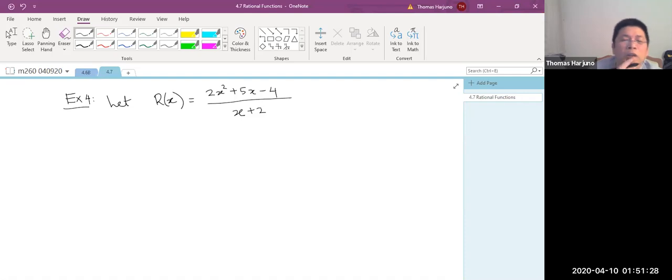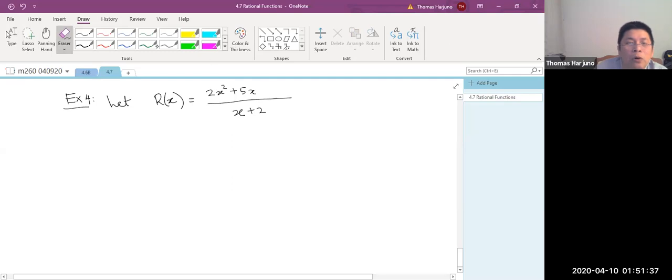I want the top to be factorable. How do I do that? Let's change the question. Instead of minus 4, make it plus 2. Nah, not plus 2. Maybe minus something.